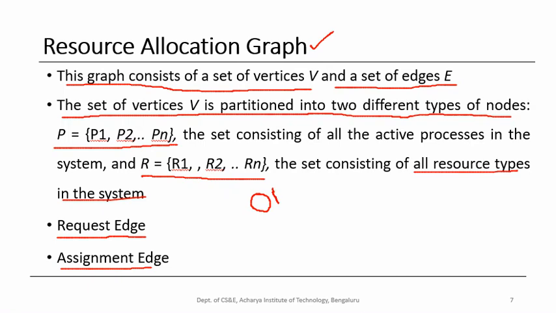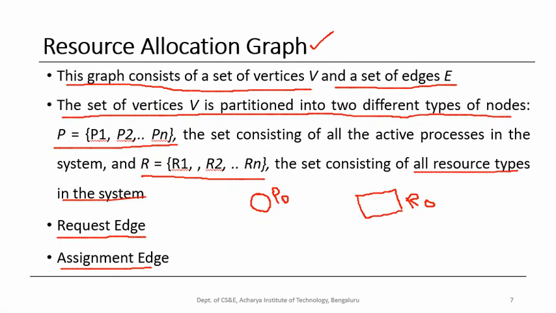A circle is the notation used for representing a process. Okay, and this rectangular box is what is used for representing a resource. Let's say R0 is a resource and P0 is a process, right?